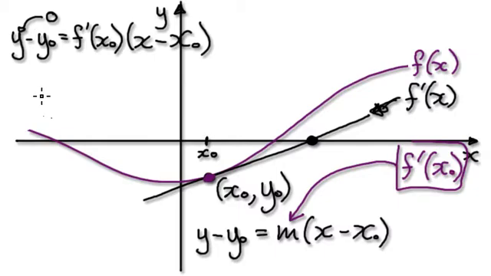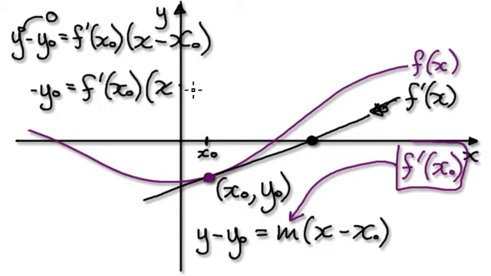That will give you this: minus y0 equals f prime of x0, and then x minus x0. Basically, once you've got your equation for your straight line, set y to be 0, then work backwards to find out this x, and this x here is this point here.